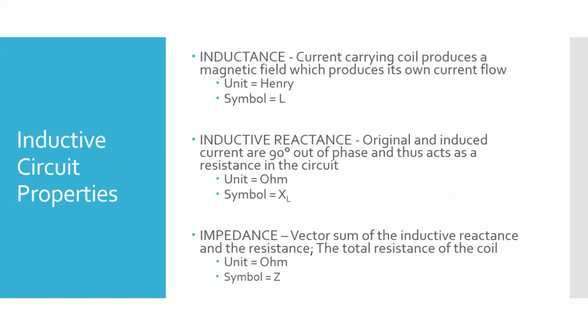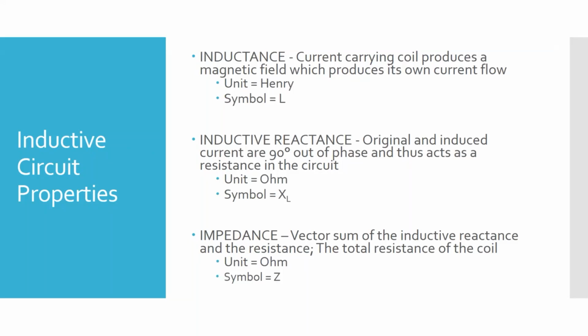Inductance is when current carrying coils produce a magnetic field, which produces its own current flow. This is how a transformer works, a coil next to a coil. The units of inductance are henries, so inductors are rated in henries. That's how much inductance they're going to exhibit. The symbol for that is L.